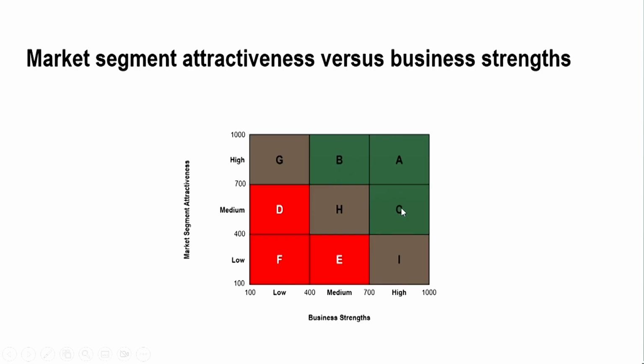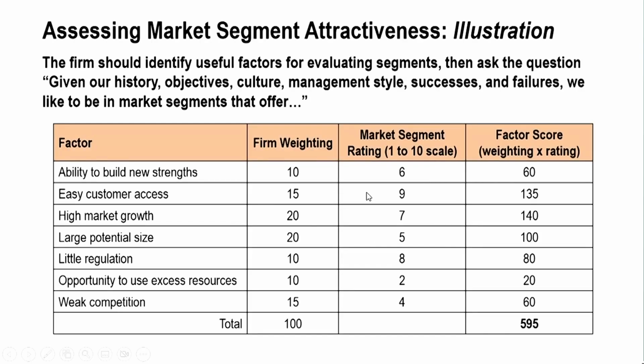So, a green will have a segment rating of 9, for example. So, we have a market segment which is identified with a rating of 9. That means, in terms of customer access as well as various other factors, that segment represents high priority for resource allocation. So, that is a 9.